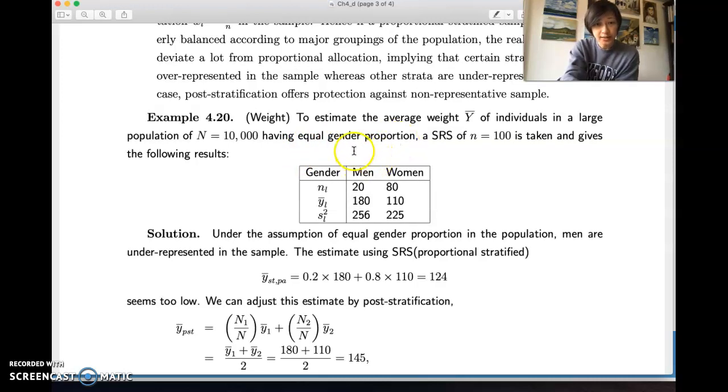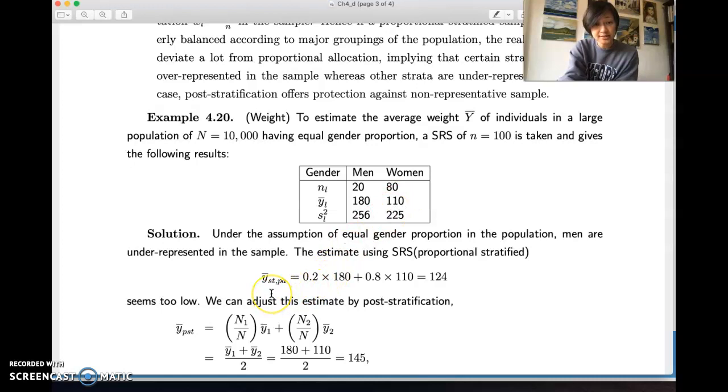So the capital N is actually 50-50 for the proportion. But what happened is that after we conduct the interview, we can't control how many men and women we randomly chose, right? So we collect 20 to 80 in that proportion.